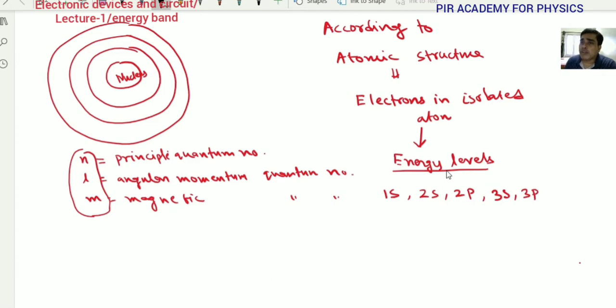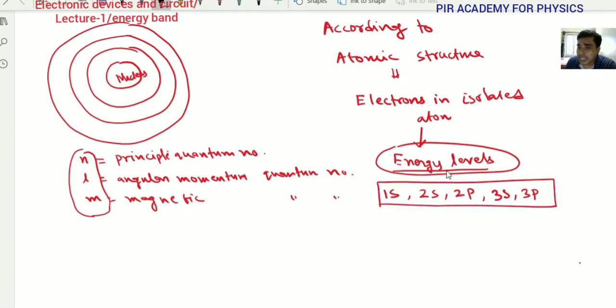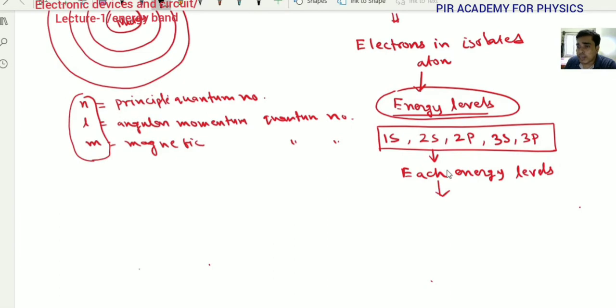So according to atomic structure, an electron in an isolated atom has energy levels like this, and each energy level has several quantum numbers.